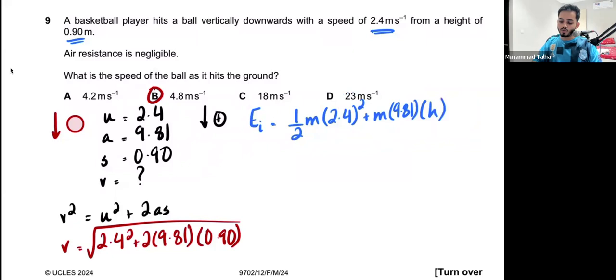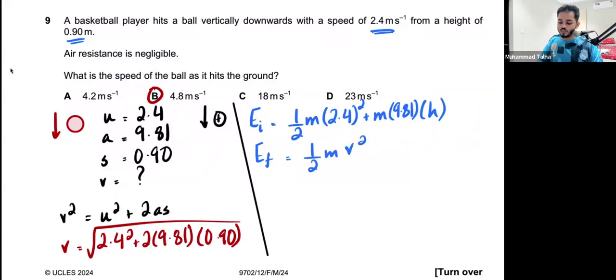Let me draw a line here to show that these are separate methods. Then you do the same for the final one, which is just kinetic energy now, no potential energy because it's right at the ground. So half mv squared.